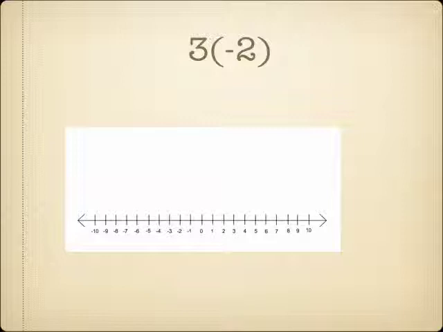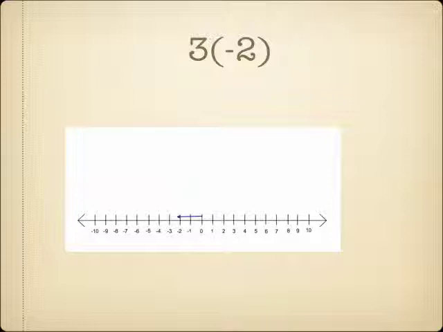So basically we're going to put 3 sets of -2, and -2 means we go to the left. So from 0, it goes from 0 to -2. And then, so that's one set of -2.